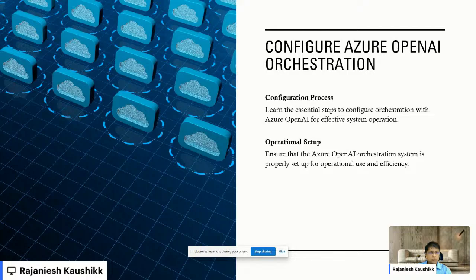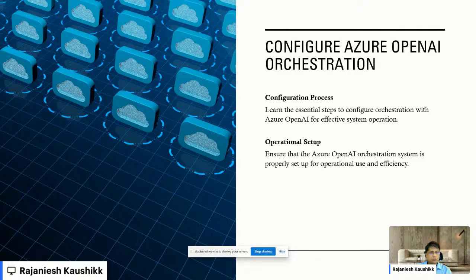We will also make sure that we have an OpenAI orchestration, which means we are going to add the OpenAI model, which will be behind the scenes using its reasoning power. All the NLP questions coming from the user are going to be serviced by OpenAI, and that is where we are going to set up the model.